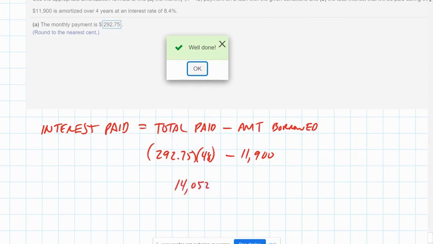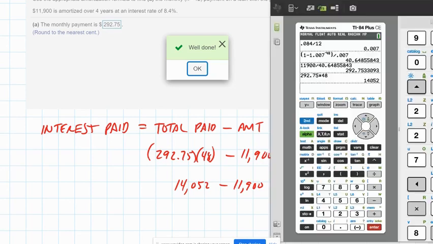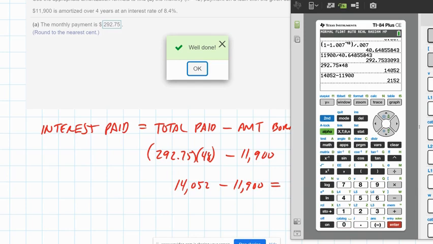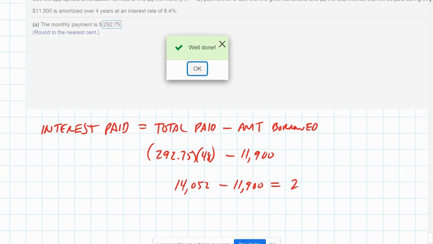That's how much we paid during the 4 years, but we only borrowed $11,900, so all the rest must be interest. So all you have to do is subtract how much you paid minus how much you borrowed. And that tells you the interest was $2,152.